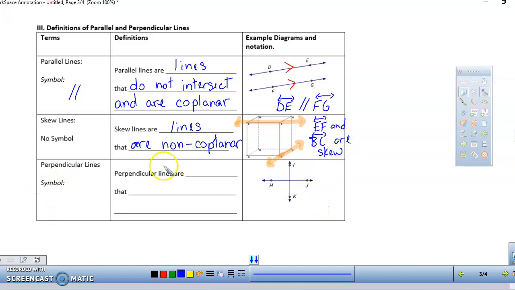Okay, next. So perpendicular lines. Again, they are lines. And the most important part about the lines for perpendicular is that they intersect to form right angles. So perpendicular lines are lines that intersect to form right angles.